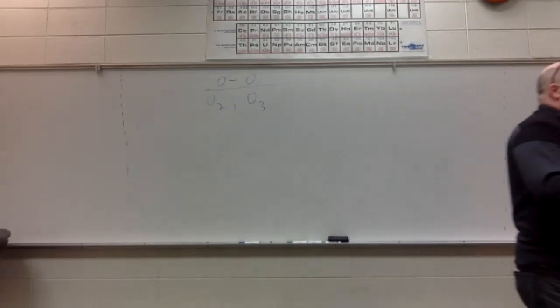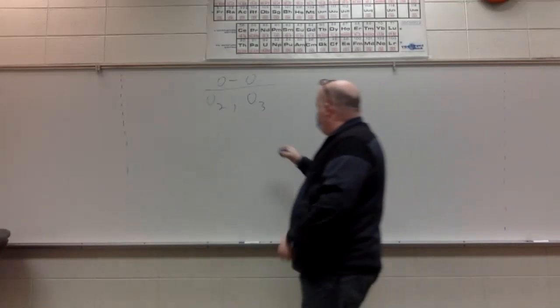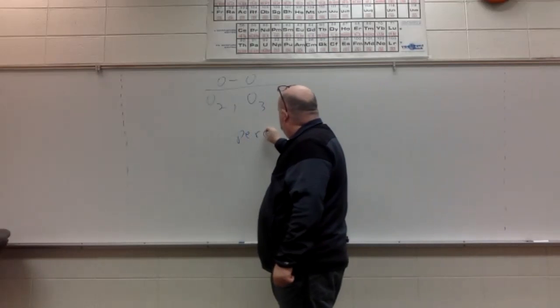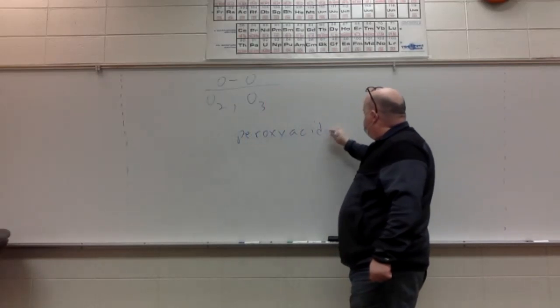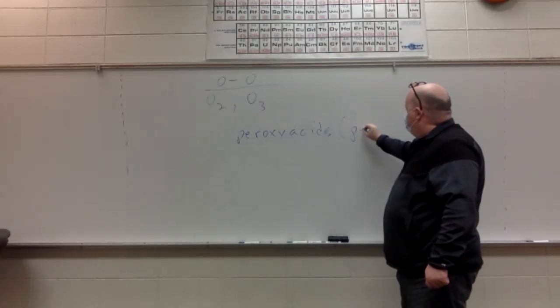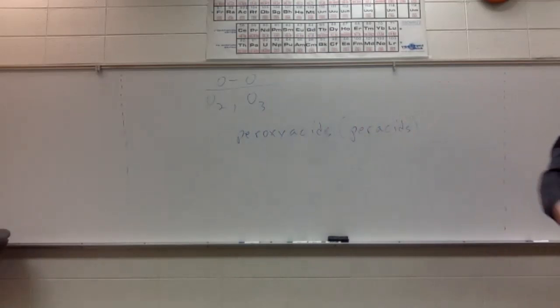And we have a couple of related families of compounds that are also useful. We also have the peroxy acids. And those are sometimes known as peracids. It's just the shortening of the name.